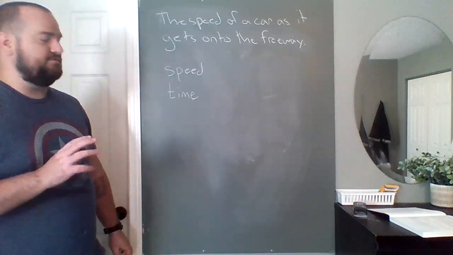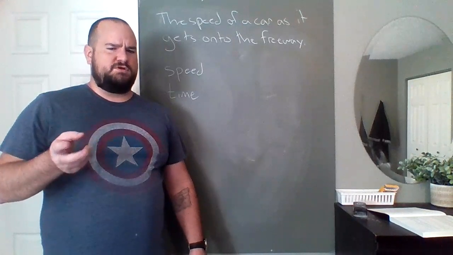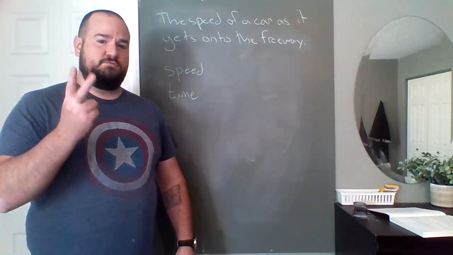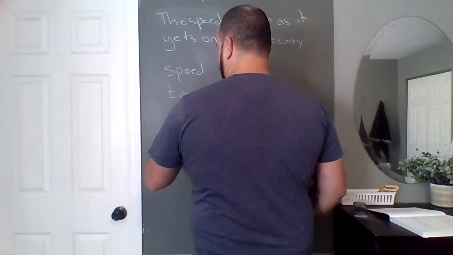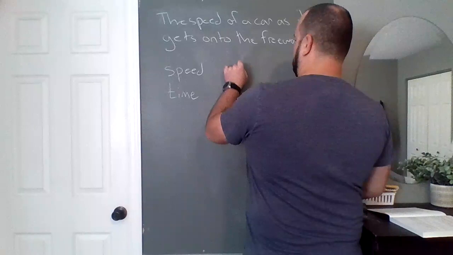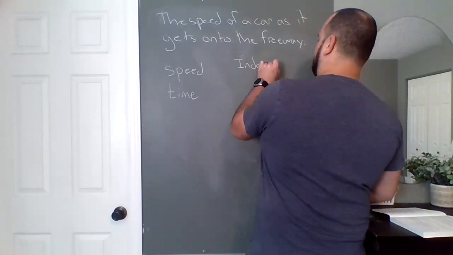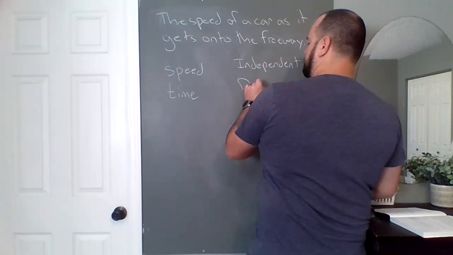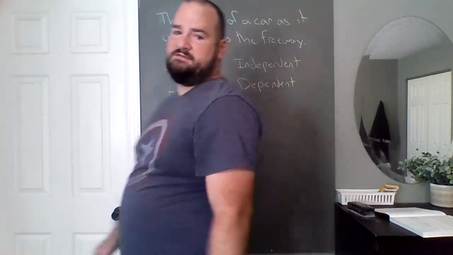Now what's more important than just identifying them is identifying which one is which. And now you're like, which one is which what? We just said variables. These variables have one of two classifications, and that is either the independent or the dependent variable.